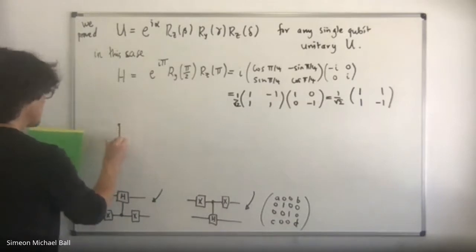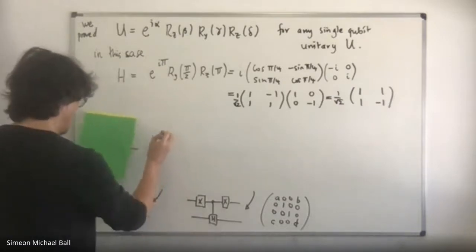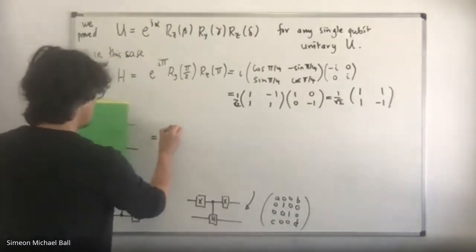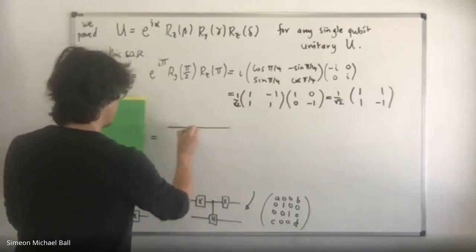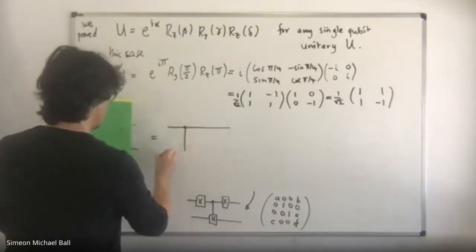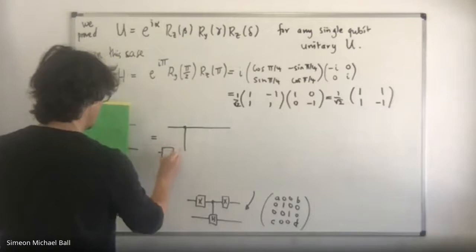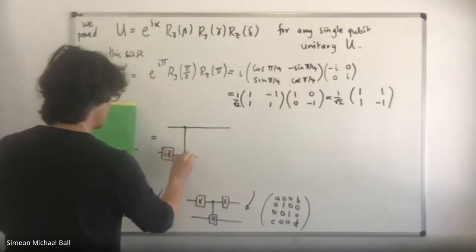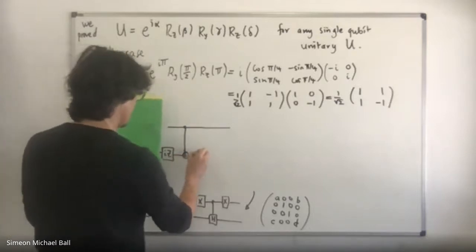So this controlled H here is equal to single qubits and some C naughts.